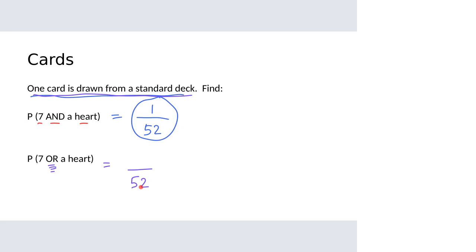But when I look for my successes now, what I'm looking for is a 7 or a heart. That means anything that's a 7 is a success, and anything that's a heart is a success. So what am I going to end up with for the probability here? And be careful.